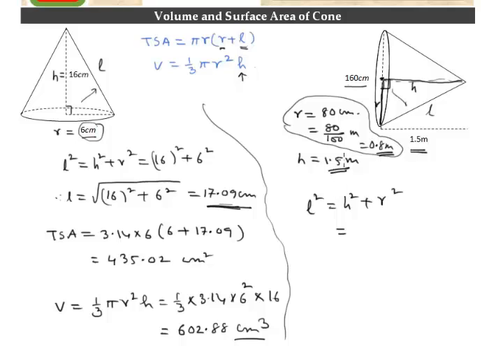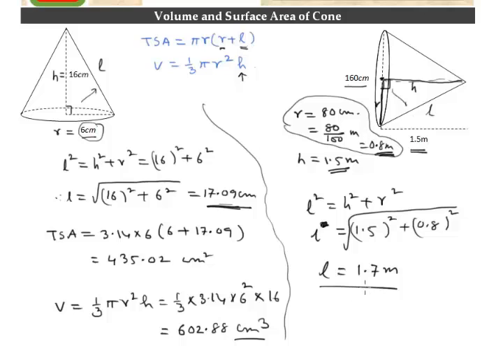H is 1.5 meter, so 1.5 square, plus the radius we converted into meter, 0.8, so 0.8 square. From here we get L equals this. If we calculate it, we get L as 1.7 meter. So the slant length is 1.7 meter.